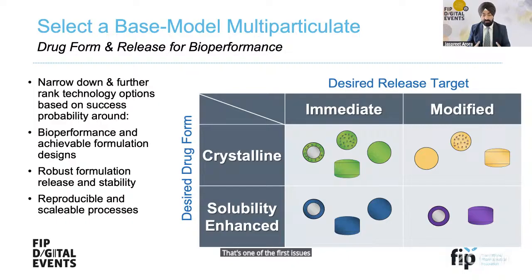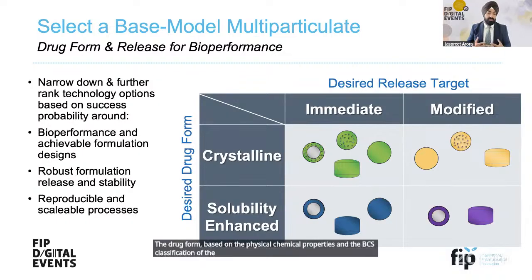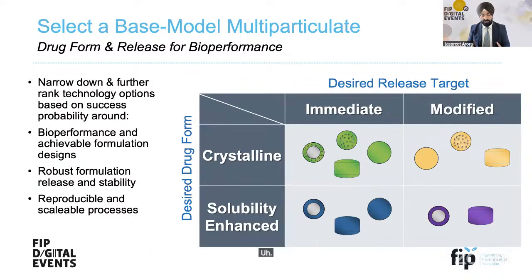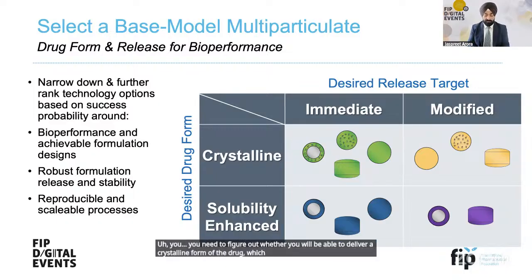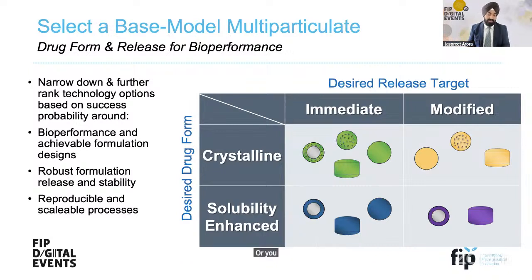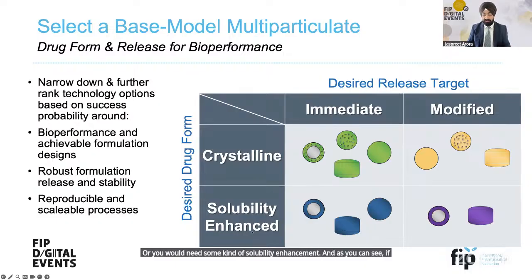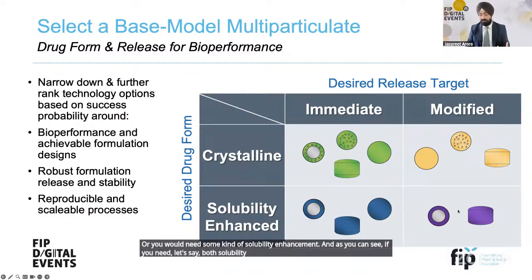And then the other thing is the drug form, based on the physical chemical properties and the BCS classification of the drug. You need to figure out whether you will be able to deliver a crystalline form of the drug, which would be able to dissolve and be absorbed sufficiently, or you would need some kind of solubility enhancement. As you can see, if you need, let's say, both solubility enhancement and modified release, your options trim down.